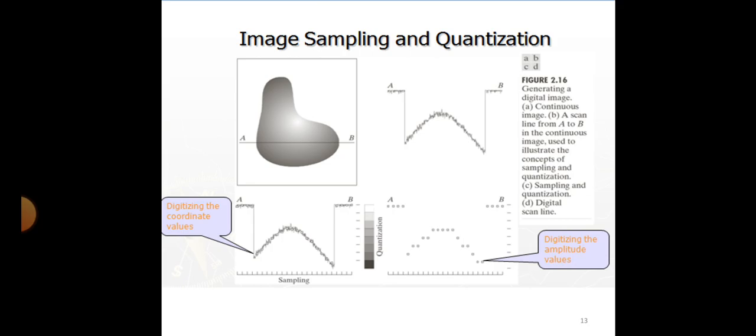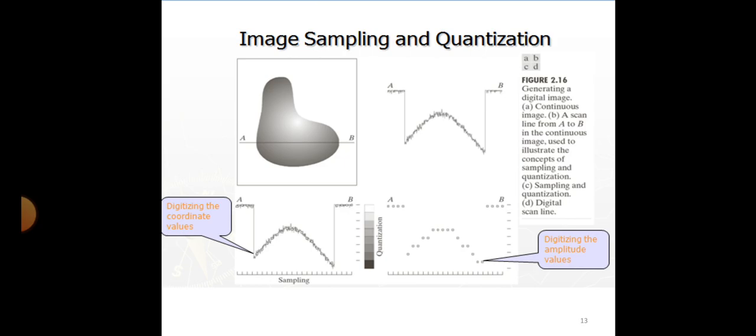Image sampling means we are sampling the signal in x and y. That is, we take one image and partition it along a straight line AB, then we sample the line AB. After that, quantization means we are digitizing the amplitude values, but sampling means we are digitizing the x and y values.